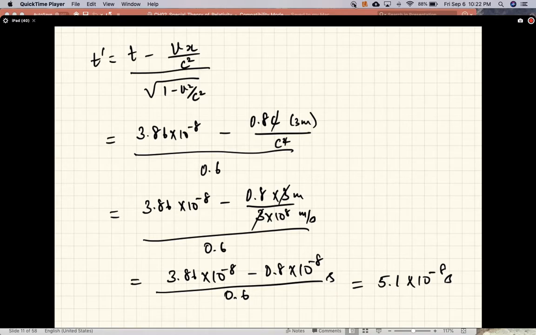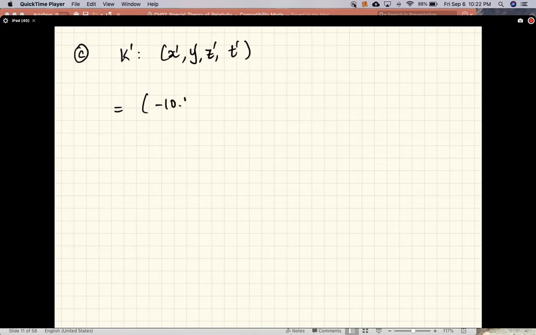So in the K prime frame, the coordinates x prime, y prime, z prime, and t prime for this event are minus 10.4 meters, 5 meters, 10 meters, and the light signal arrives at 5.1 times 10 to the minus 8 seconds. Okay. So now the question is, is the speed of light equal to 3 times 10 to the 8 meters per second?